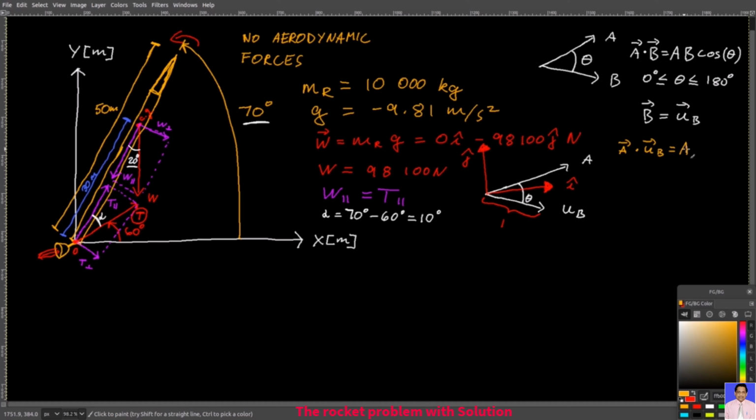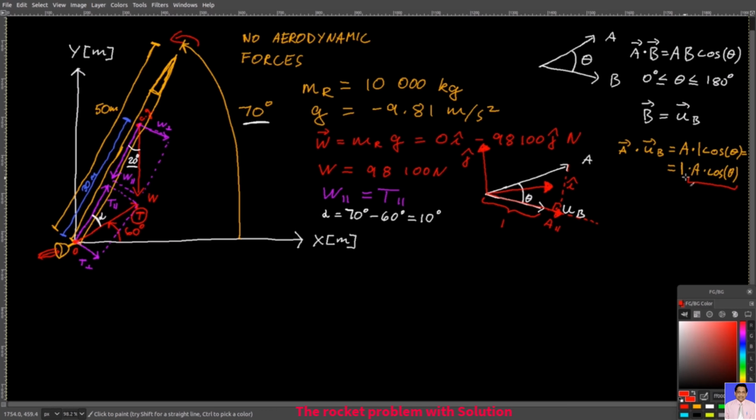So that's the magnitude of A times 1, because that's the magnitude of this general unit vector, times cosine theta. In other words, I can write 1 times A cosine theta. And so right here, what I have done is I have obtained the component of A, let's call it A parallel, that is parallel to this general unit vector UB.